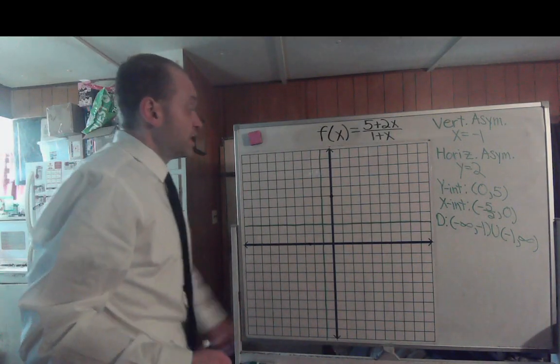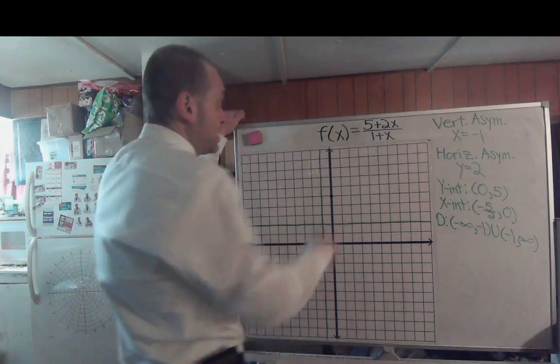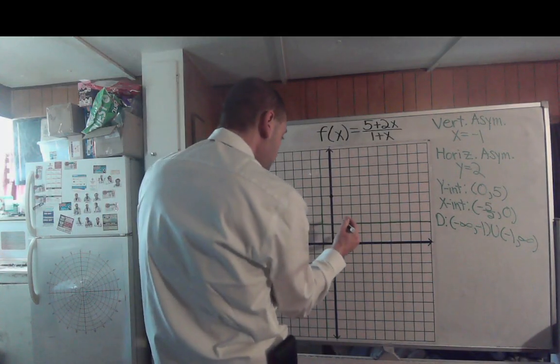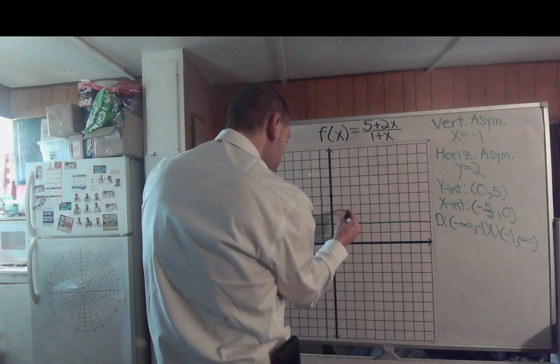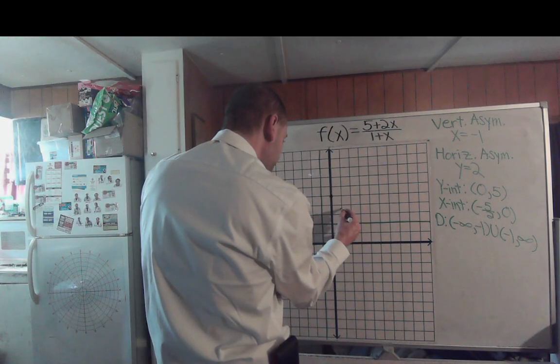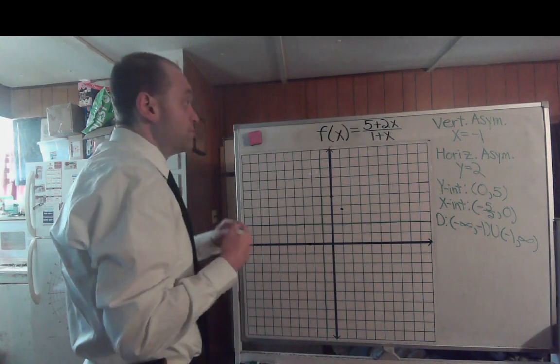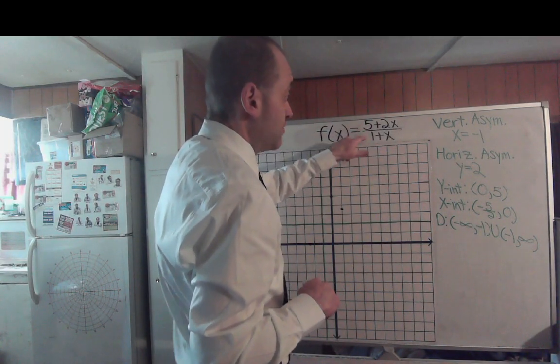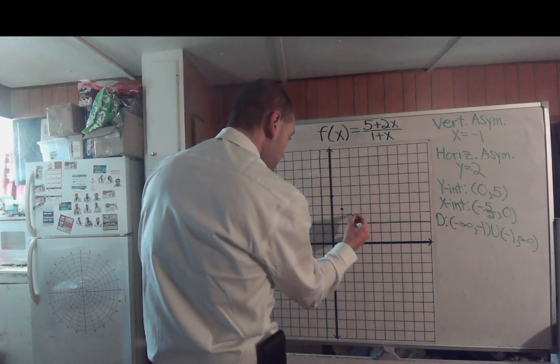So let's put in 1 for x. Well, you would end up getting 7 over 2, which would give you 3.5, which would put you right there. Let's go ahead and put in 2 for x. You would end up getting 9 over 3, which would give you 3.